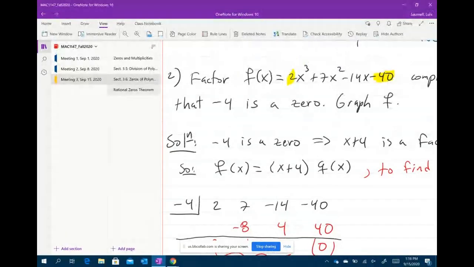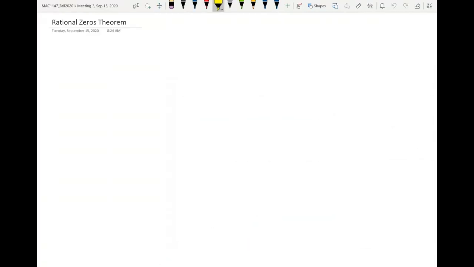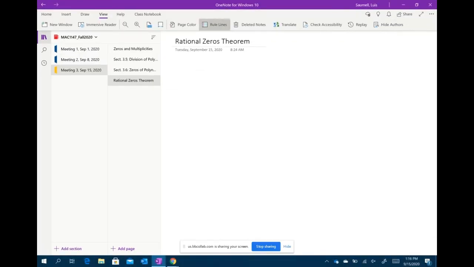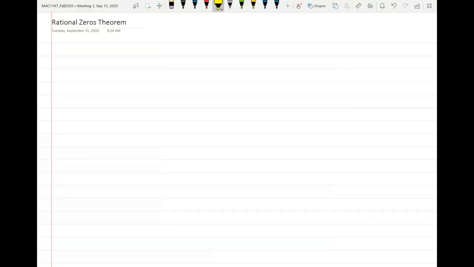Okay, and then you can use that to figure out candidates for your zeros. And then once you have your list of candidates, once you write all the possibilities for the rational zeros, you just start testing by doing division. Okay, that's basically what it boils down to. When the degree is high or the coefficients are big, this is a painful and long process, but it's what it is. Okay, that's what we have.